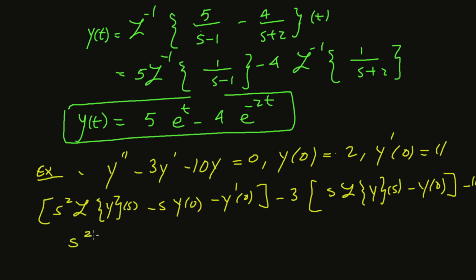Once you work on this, you should get s squared times Y of s plus 2s minus 11, which comes from the initial condition.